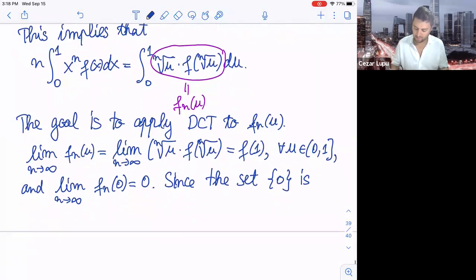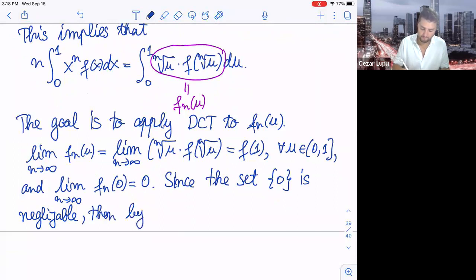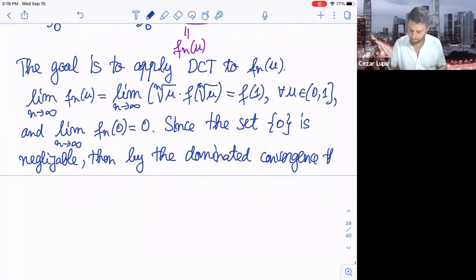It's just a finite set formed by just one element. Then by the dominated convergence theorem, what do we have?